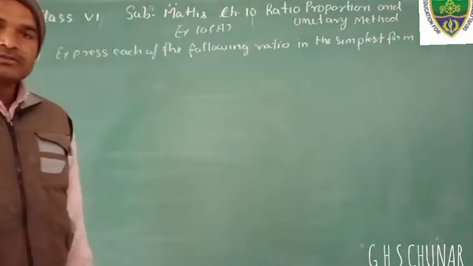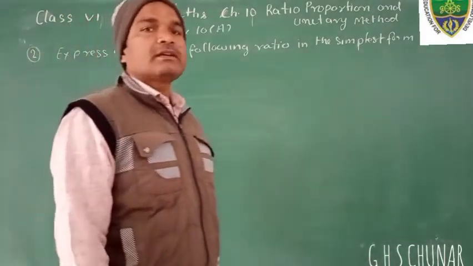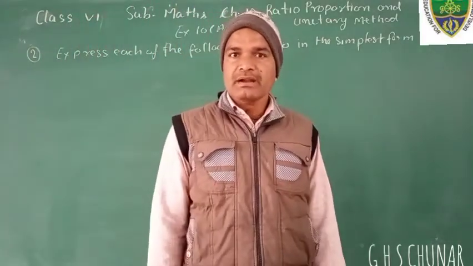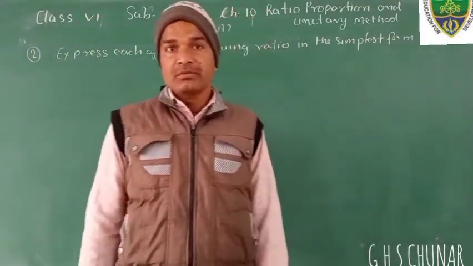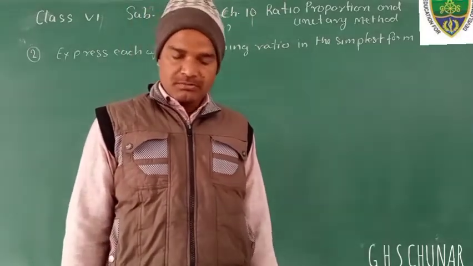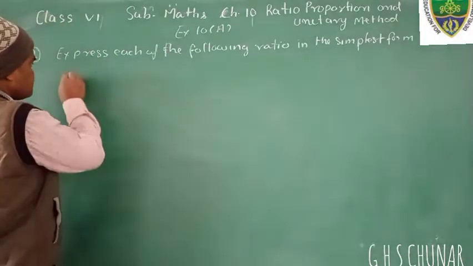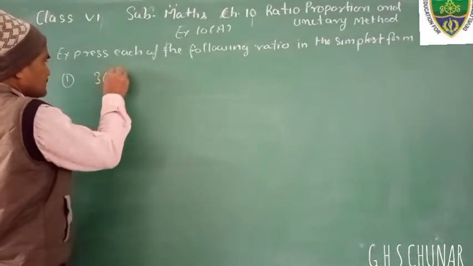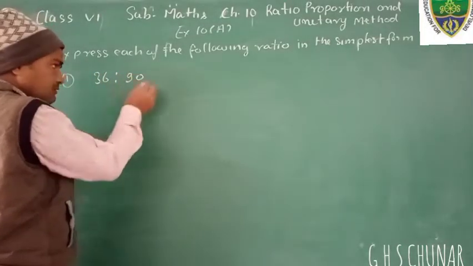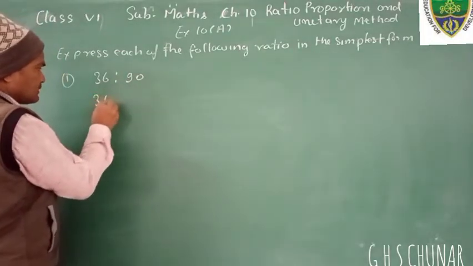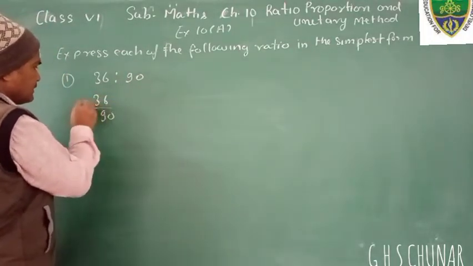To write a fraction or a ratio in the simplest form, we will divide both terms by the HCF of both terms. So here, first is given 36 ratio 90. First we write it in the form of a fraction, that is 36 upon 90.